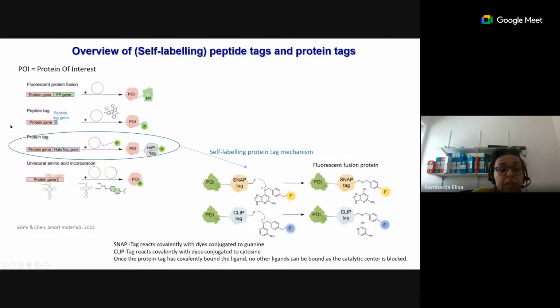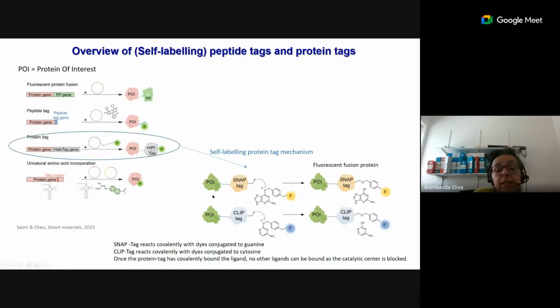SNAP and CLIP belong to this category, two self-labeling proteins in this sense. Let's focus on the case of SNAP. The SNAP is an enzyme that has a substrate, a guanine.